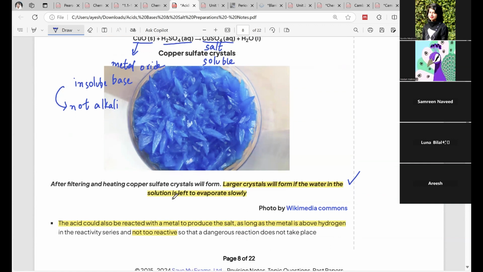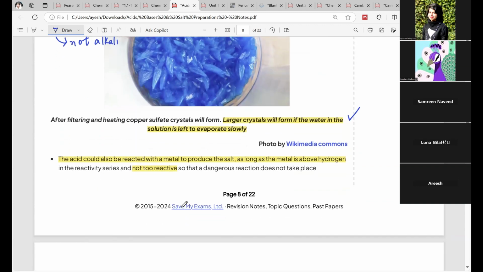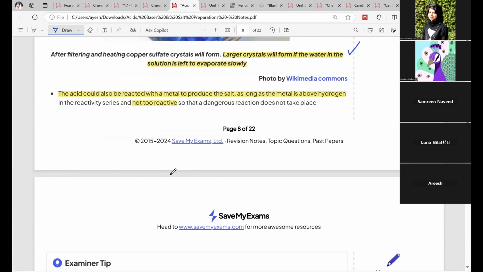After that, the acid could be reacted with a metal. A simple metal we can use as well to make a salt and hydrogen gas. That is also one of the reactions over here, that acid can react with a simple metal, as we said in the very first reaction of acid with metal, producing a salt and hydrogen gas.